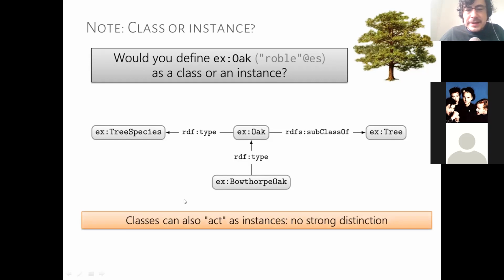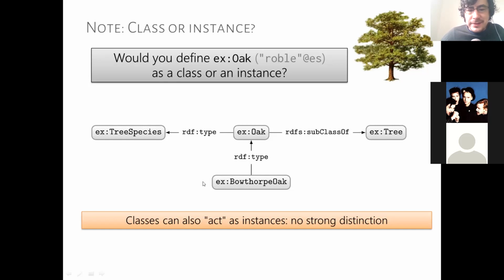So classes can act as instances. There's no strong distinction between this is a class, this is an instance. We can have something that's both a class and an instance at the same time. Just to clarify, what this entails is that Bowthorpe oak is of type tree. It does not entail that Bowthorpe oak is of type tree species. So if we have type followed by type, we're not going to infer type again.